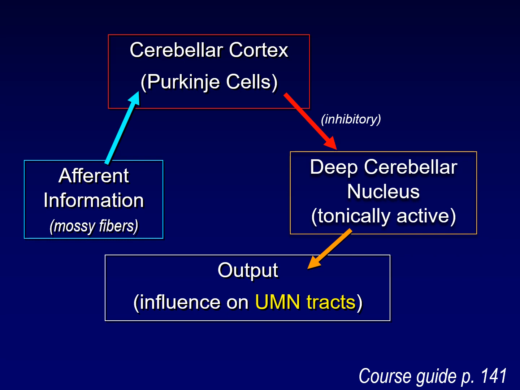And once again, when you review your upper motor neuron tracts, you'll realize that you know where those deep cerebellar nuclei are projecting. They're going to the places those upper motor neuron tracts originate, whether that is motor cortex or one of the many nuclei in the brainstem.